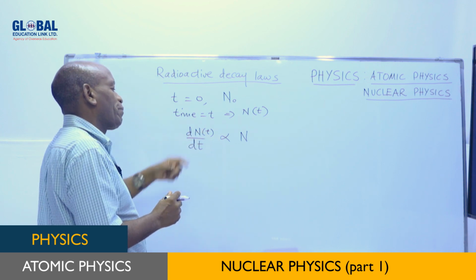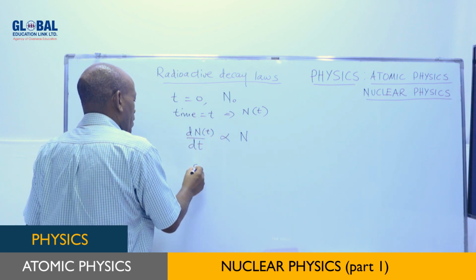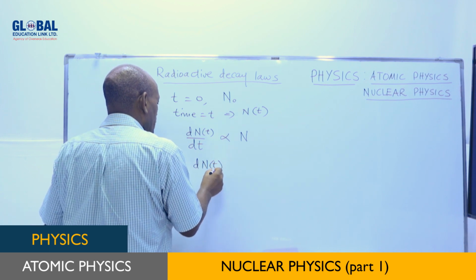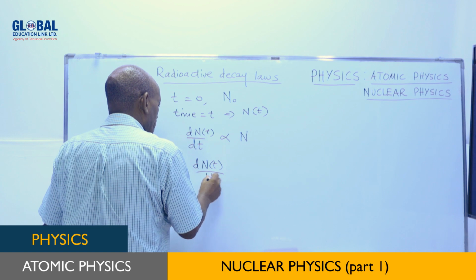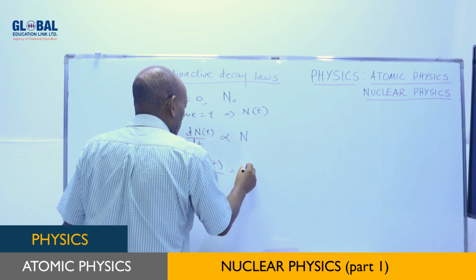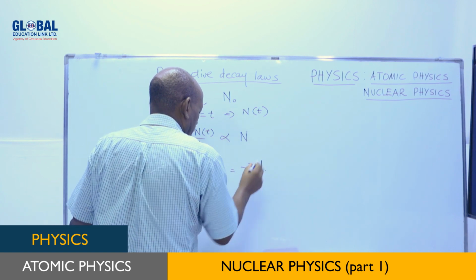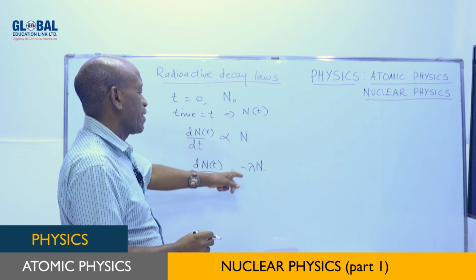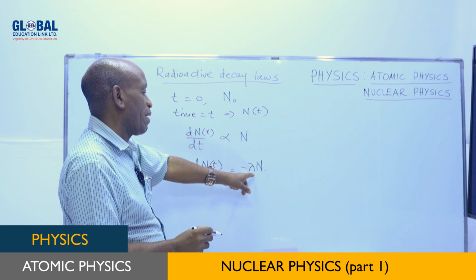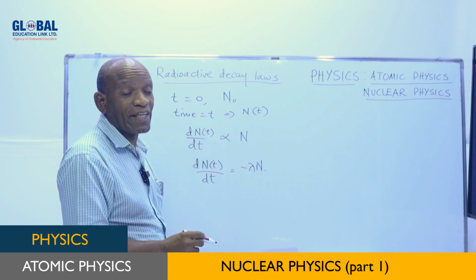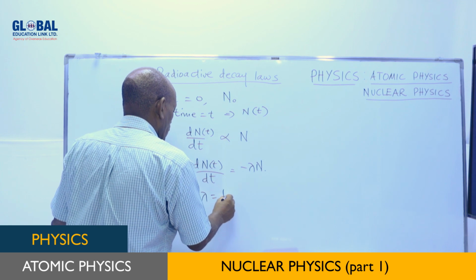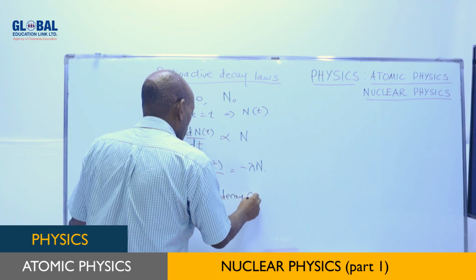And if we remove the proportionality sign, then dN/dt is equal to minus lambda times N. The proportionality constant lambda here is what we call the decaying constant.